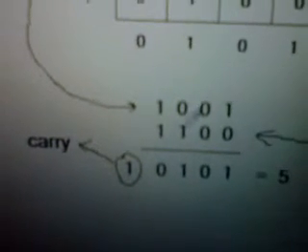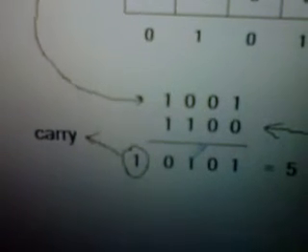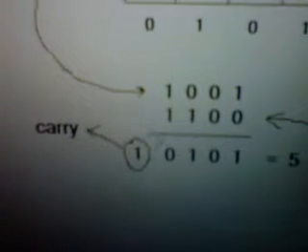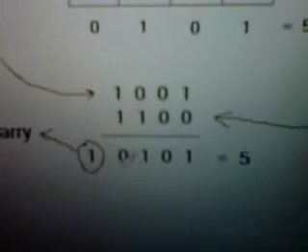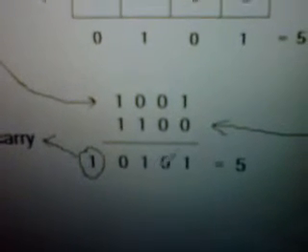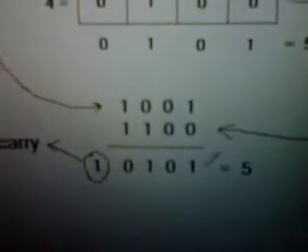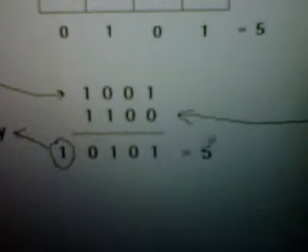A 0 and 1 will produce a 1 again. And a 1 and 1 will produce 10. So you put down the 0 and you carry the 1. Now the 1 is carried over in an empty column. That's a carryover number. The computer will disregard this number. Okay, it's like you threw this number out the window. So the result is 0, 1, 0, 1. That number equals the number 5.